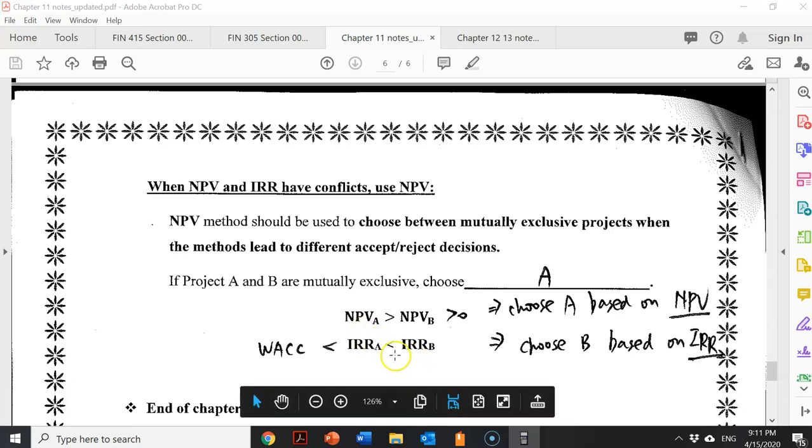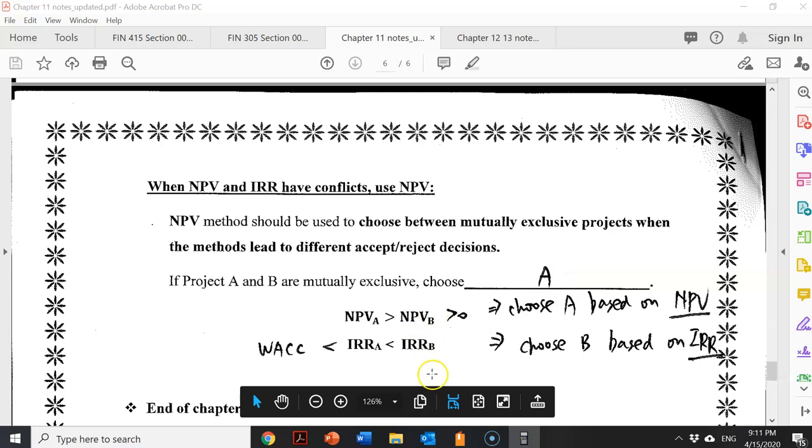And if IRR B is larger than IRR A and they're both larger than WACC, we would choose B because it has the highest IRR. So if A and B are mutually exclusive, we would have different decisions made based on NPV or IRR. But ultimately, we would choose A.